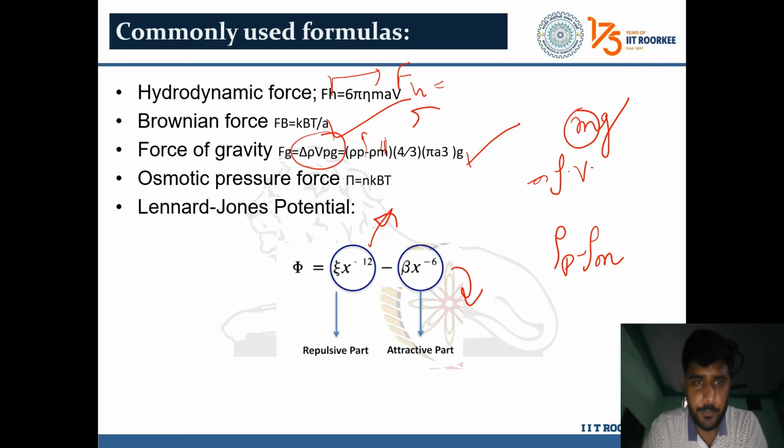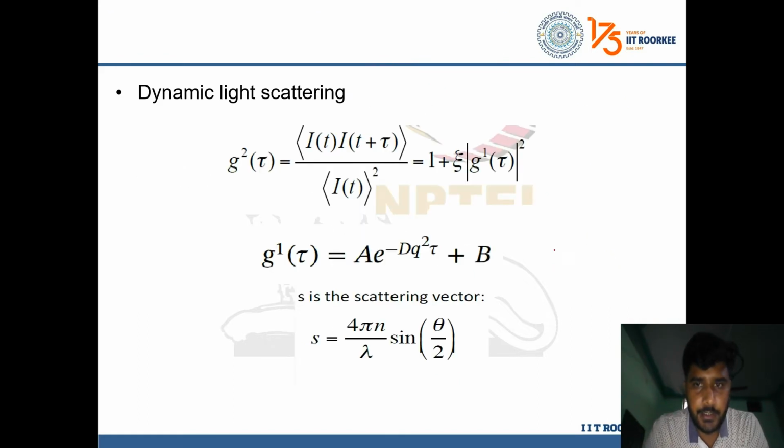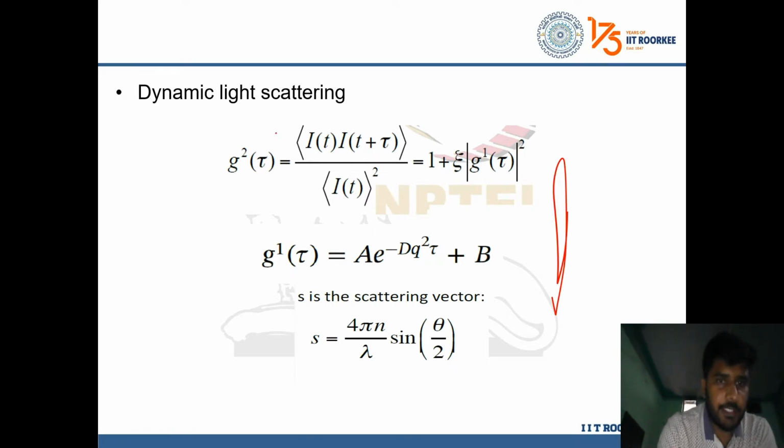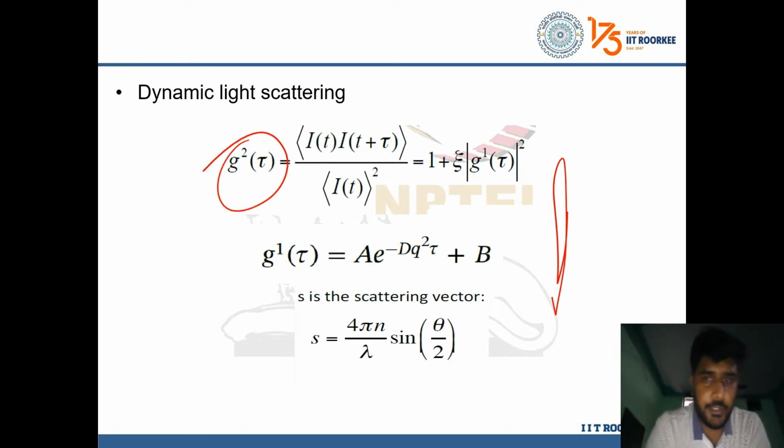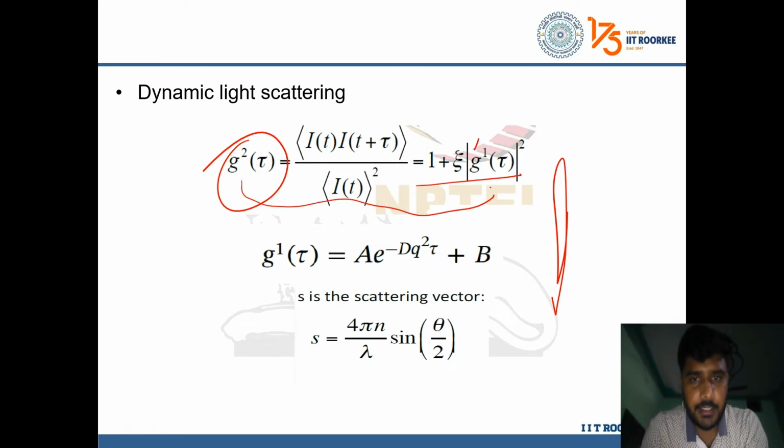A simple formula. And in the DLS experiment, the dynamic light scattering experiment, you have dealt with the autocorrelation function g2(tau), and it is the relation between two correlation functions, which you can read more about in the theory sections. So this is also an autocorrelation function. This is basically the relation you can write directly, and this is the intensity changes with respect to time.